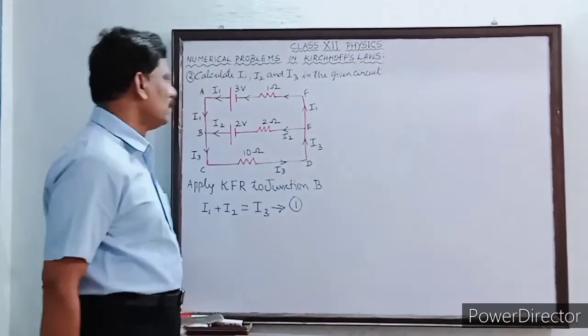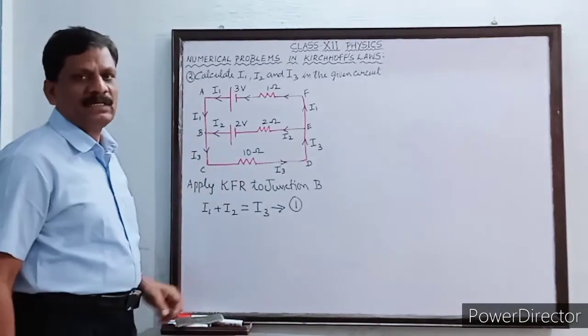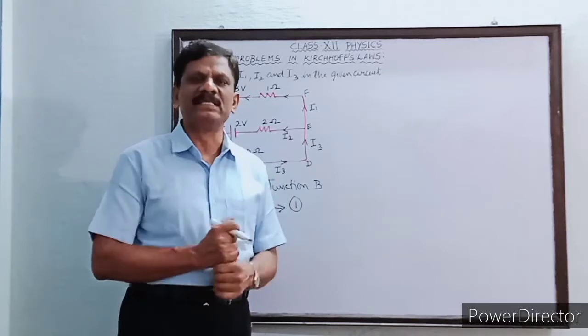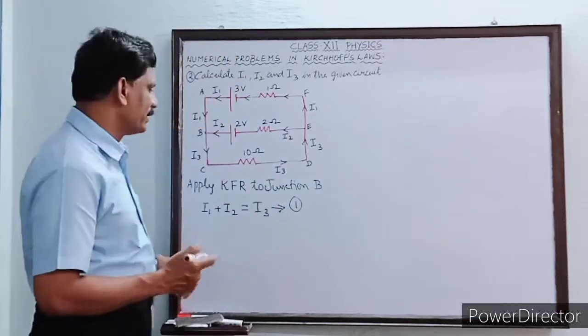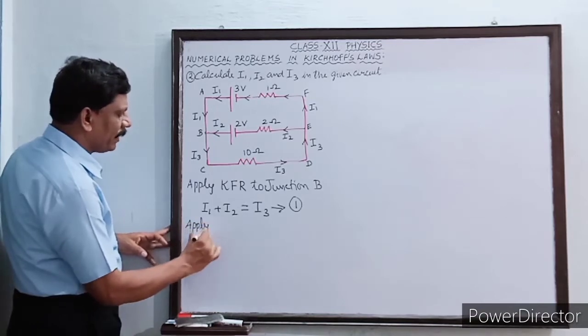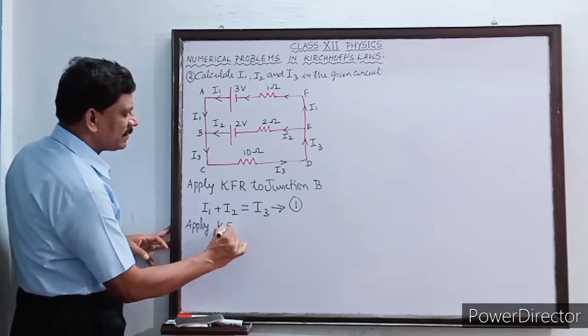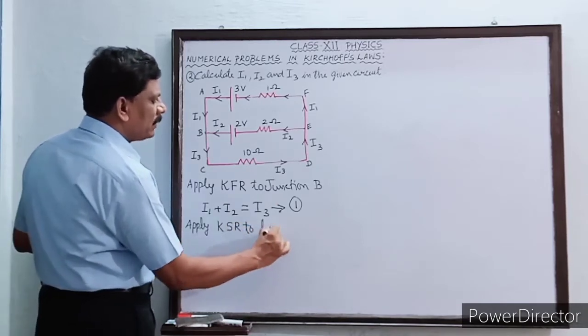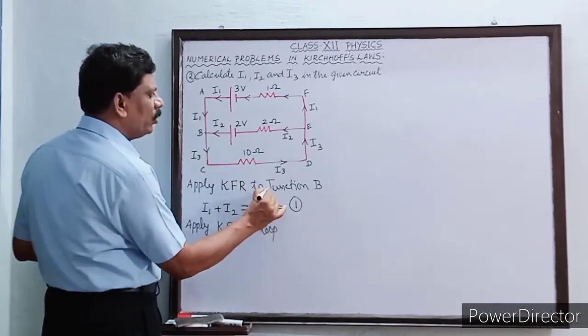Now I am going to consider any two loops, and I am going to apply Kirchhoff's voltage law, or Kirchhoff's second rule. The second rule is also called the loop rule.